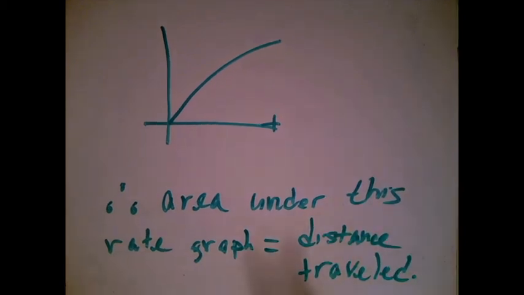Now, by the way, when the rate was constant, that was obvious. But now it says, wait a minute. If the rate's doing lots of wiggling and it represents the velocity, it is absolutely true that the area under the rate graph is still the distance traveled. All right, that's step 2.